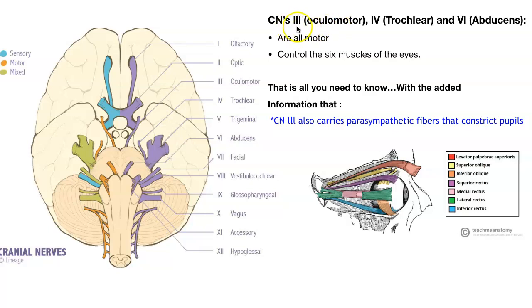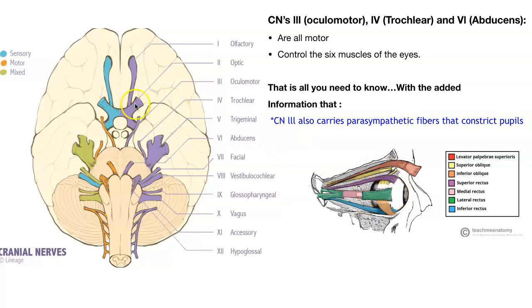So cranial nerve number 3, oculomotor, cranial nerve number 4, the trochlear nerve, and cranial nerve number 6, the abducens nerve. All you need to know is 3, 4, and 6 control your 6 eye muscles. You don't need to know which cranial nerve is controlling which muscle.